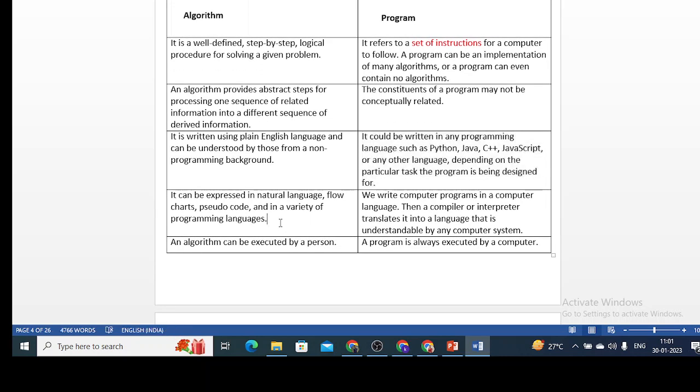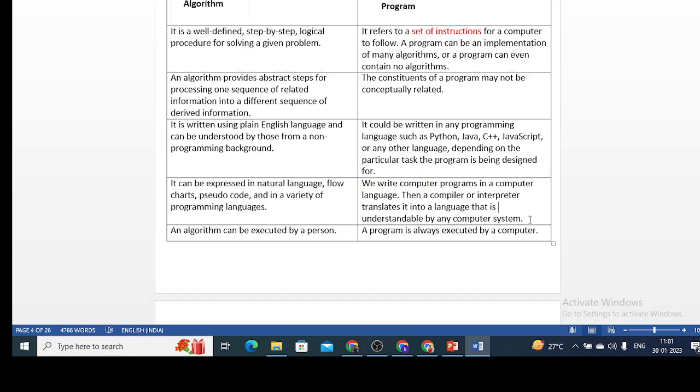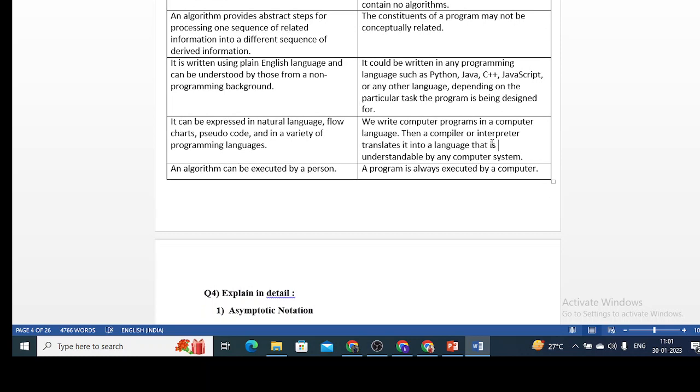Now, an algorithm can be expressed in natural language, flowchart, pseudocode, and in a variety of programming languages. And here you are going to write the program using a computer language. But for that you will definitely require a compiler or an interpreter to translate it into the language which is going to be understood by the computer system.